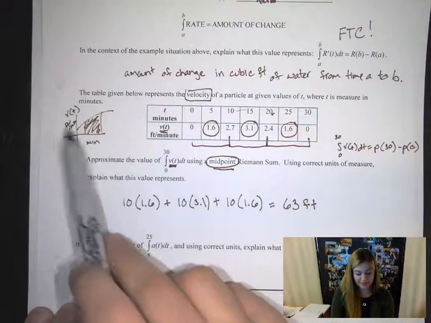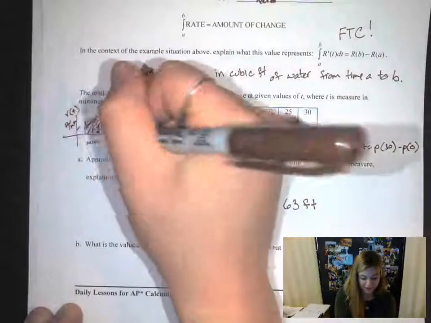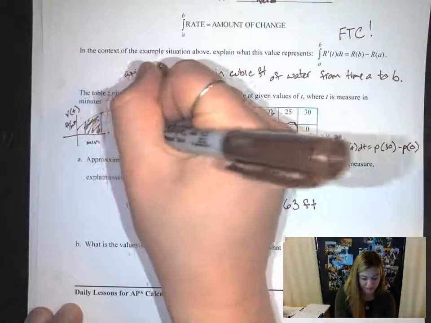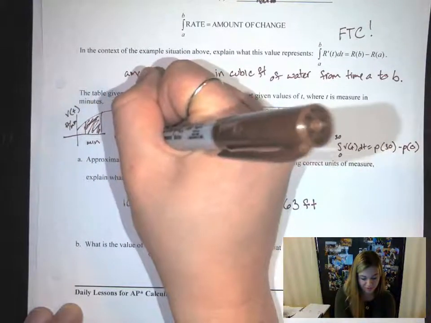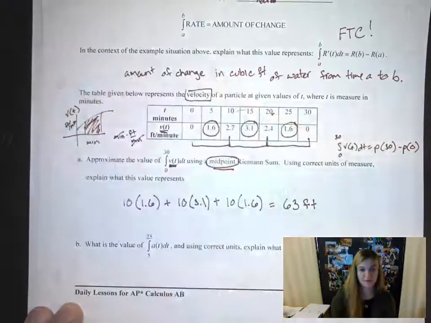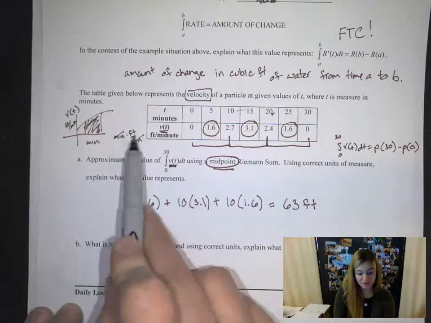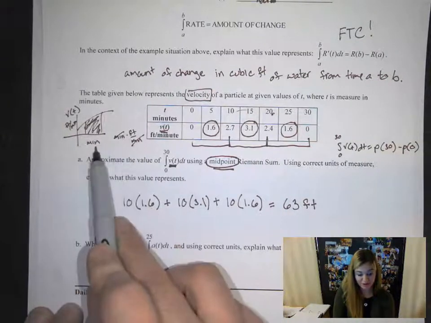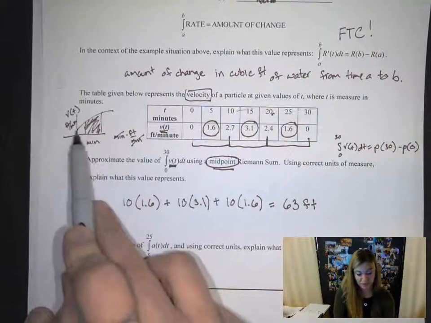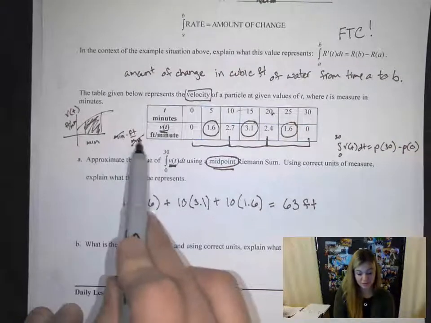I would take the base times the height, or I could say the height times the base. So I could say minutes times feet per minute. You take an area, minute times feet per minute, these minutes are going to cancel out and you're just left with feet. So if I did the area under the curve and I'm multiplying the units, I can see that it'd still be left in feet.